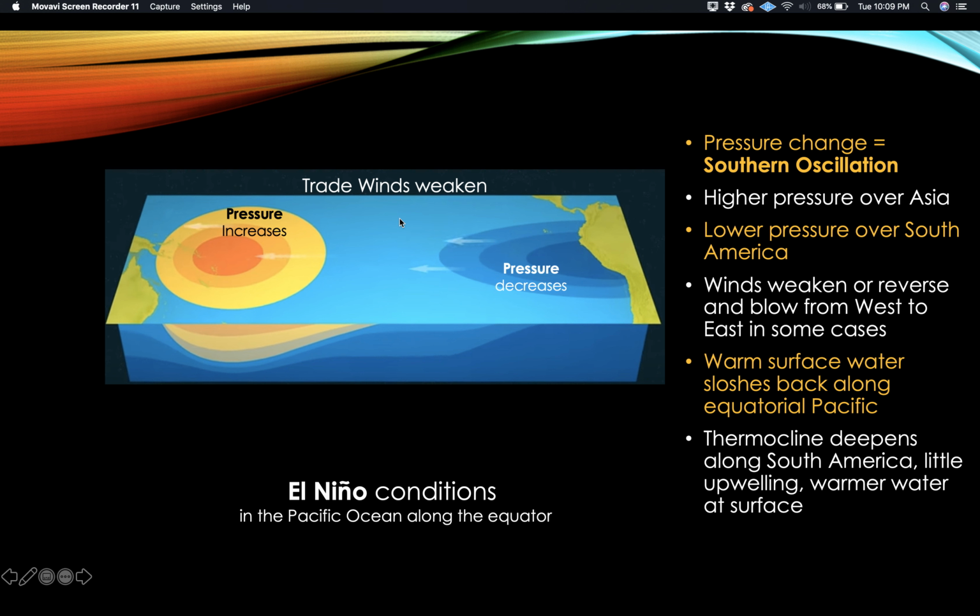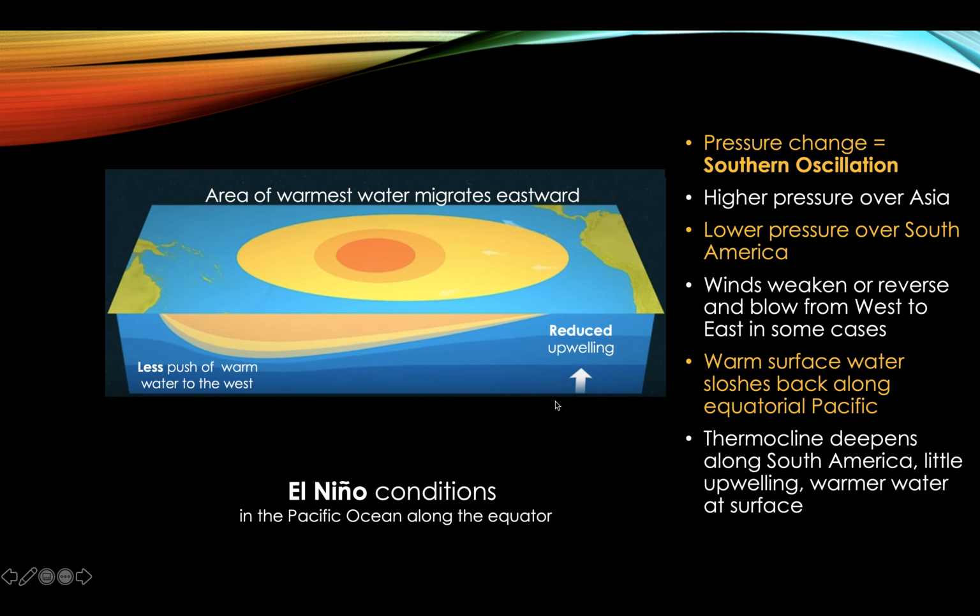Because of that reduced wind speed, the warm surface water sloshes backwards across the Pacific closer to South America. And the thermocline deepens along South America. This shuts off the zone of upwelling, right? And it leads to the accumulation of warm water at the surface here.